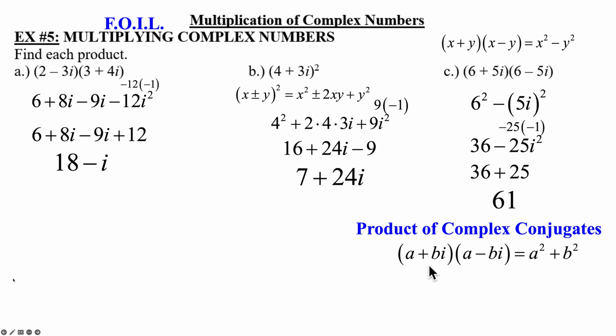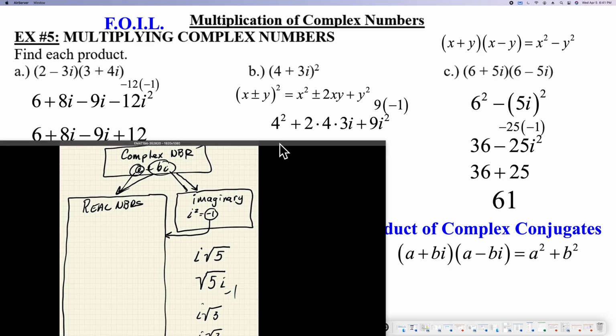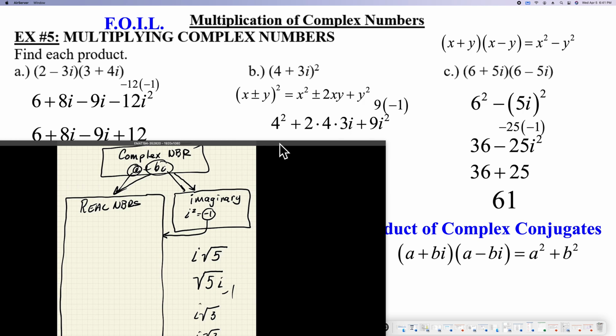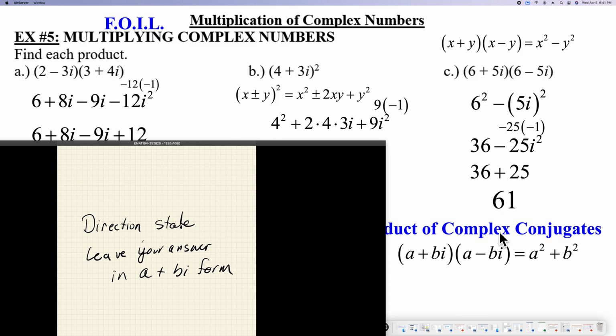Now, I just want to point this out real quick. When we work with these complex numbers, sometimes the directions are annoying. This is a real pain, and I apologize for the author. If the directions state, leave your answer in a plus bi form, and you get this answer 61, this is going to be completely annoying.